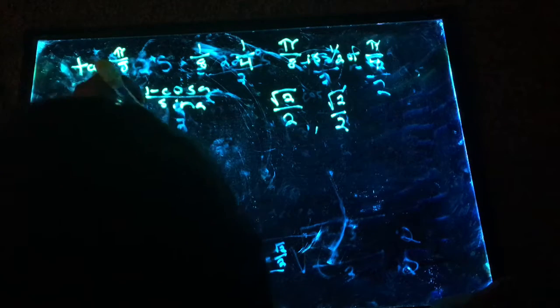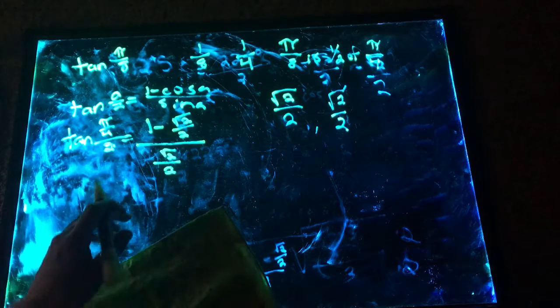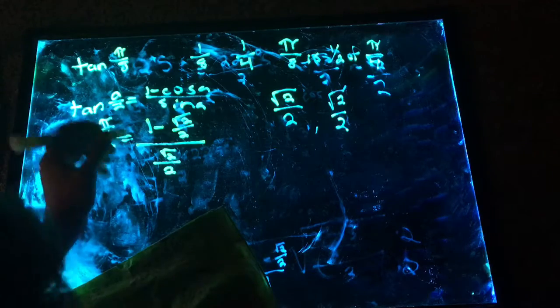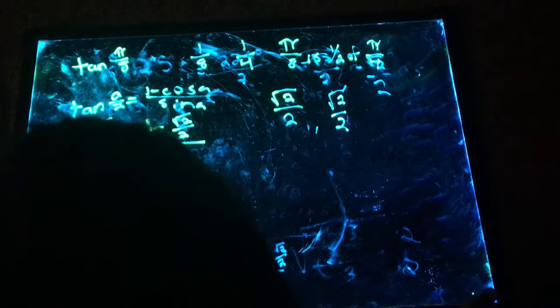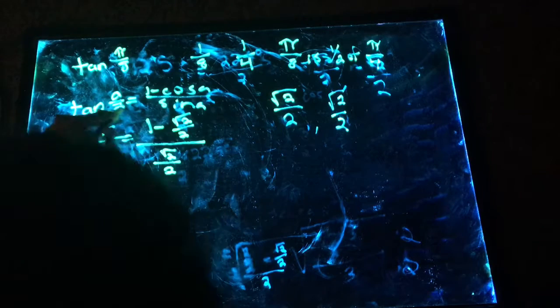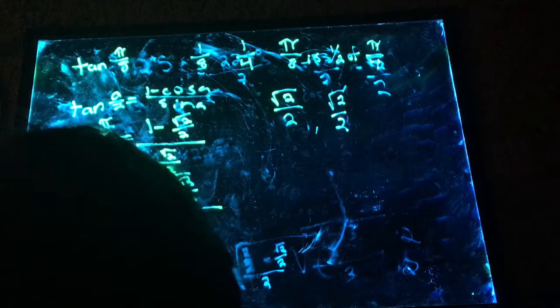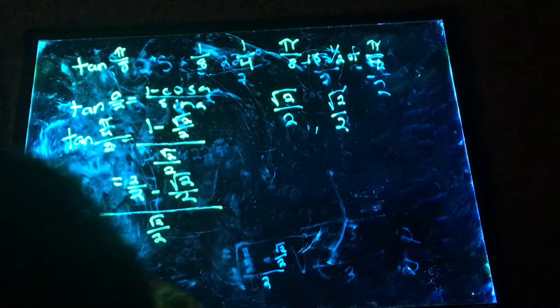And so we're going to input the formula here. So we know x is cosine, so 1 minus the square root of 2 over 2, over the square root of 2 over 2. Now we're going to change the 1 into a value we can subtract from at the top. We're going to change that into 2 over 2, so equal to 1 over 1 minus the square root of 2 over 2, all over the square root of 2 over 2.